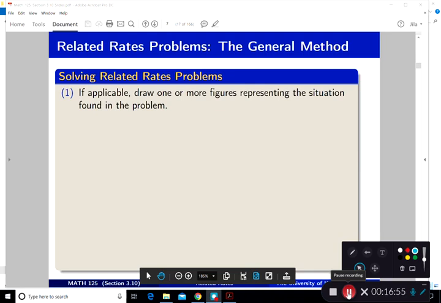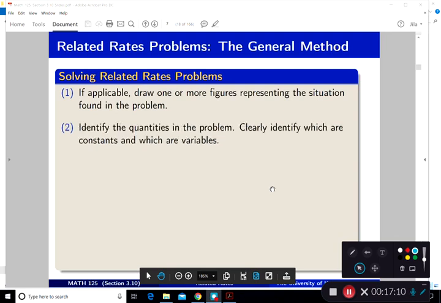So what we've seen so far in solving related rate problems: first, if it's applicable, we should draw one or more figures representing the situation. And then we want to identify the quantities in the problem and figure out which ones are constants and which ones are variables.